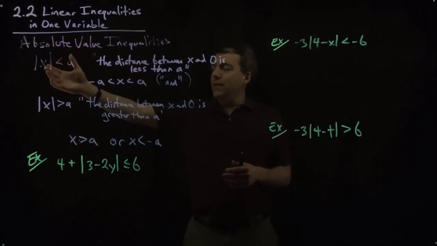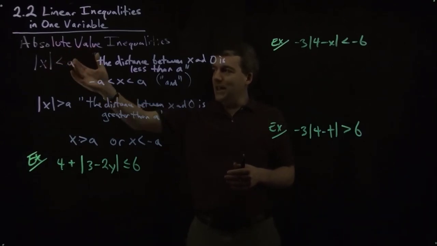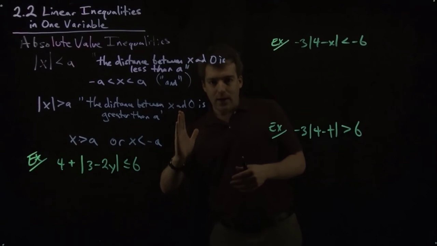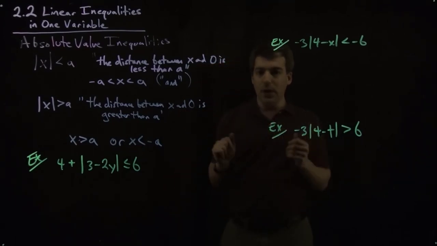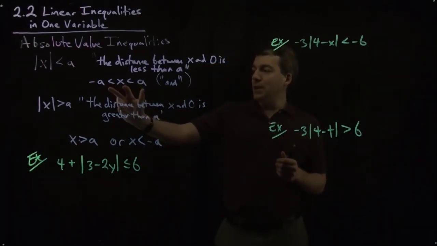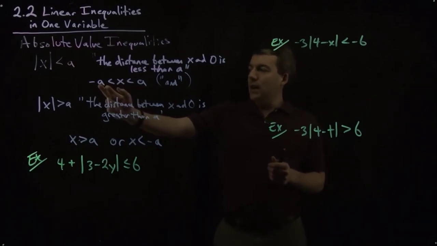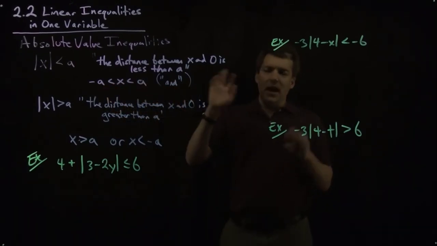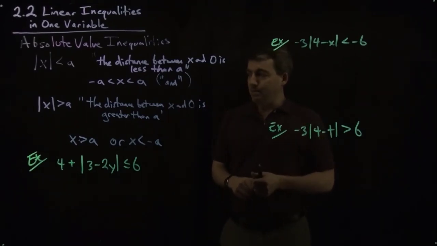So here, that distance between x and 0 is less than a. That means x can take on values all the way from negative a up to a, not including, of course. And that's represented by this compound inequality, negative a strictly less than x strictly less than a. That's an and type inequality.